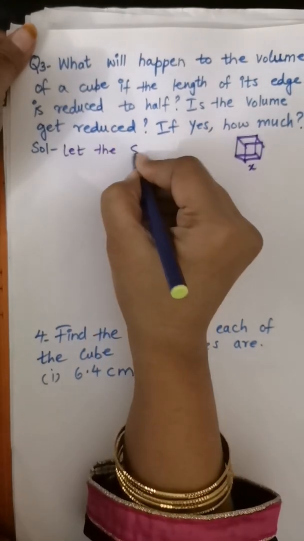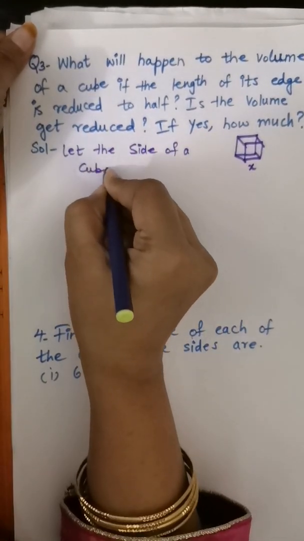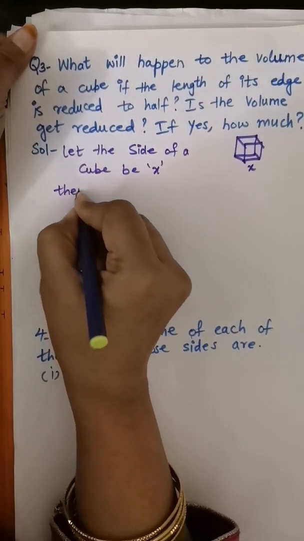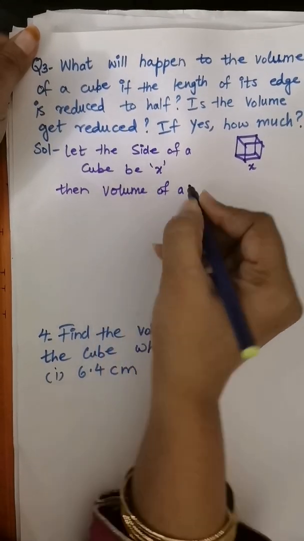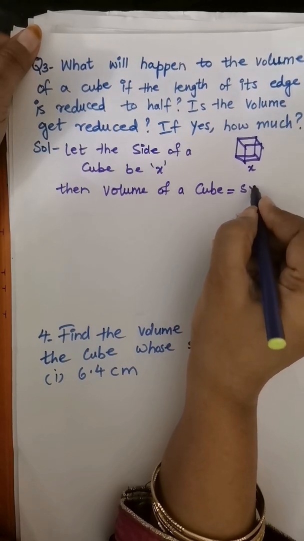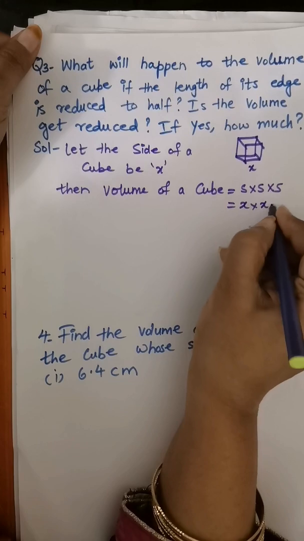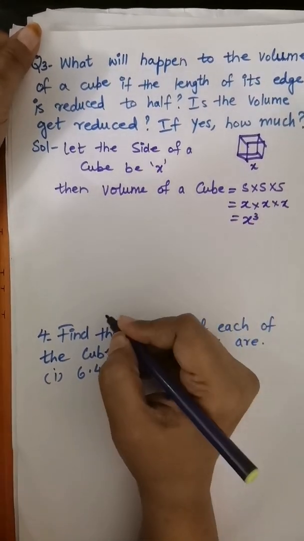Let the side of a cube be x. Then the volume of a cube is equal to side into side into side, that is x into x into x, that is x cube.